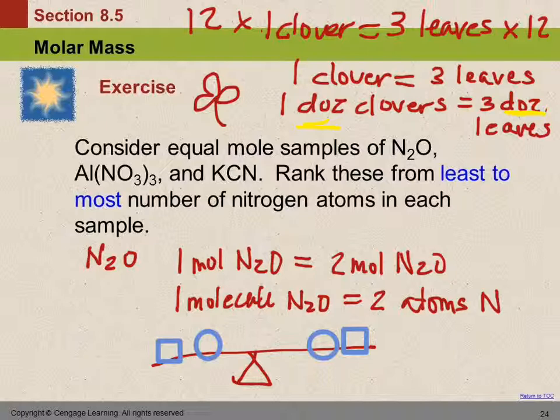I don't know if that helped or not. 1 molecule of N2O has 2 nitrogens and 1 oxygen. So 1 molecule has 2 atoms of nitrogen. So if I change this from an individual number to a counting number that's bigger, then 1 mole of N2O has 2 moles of N.